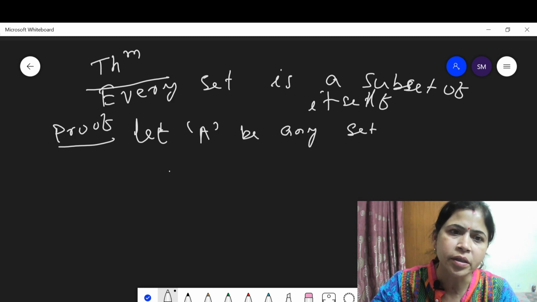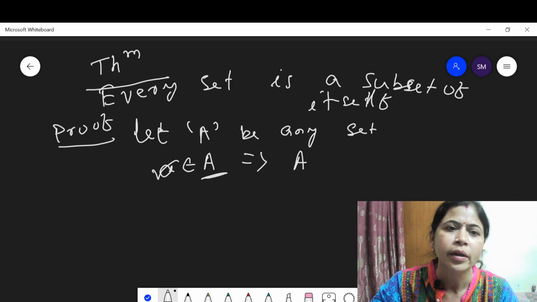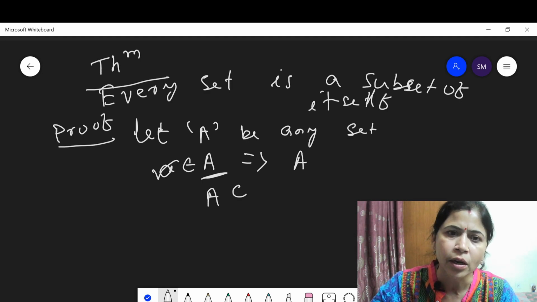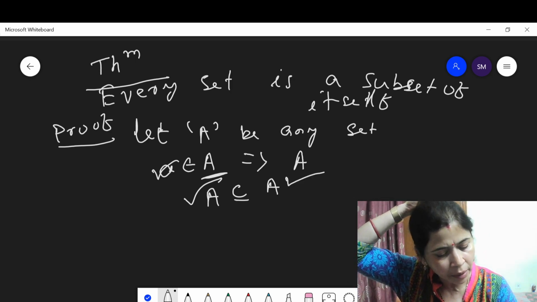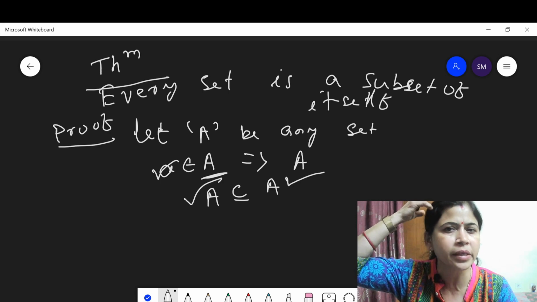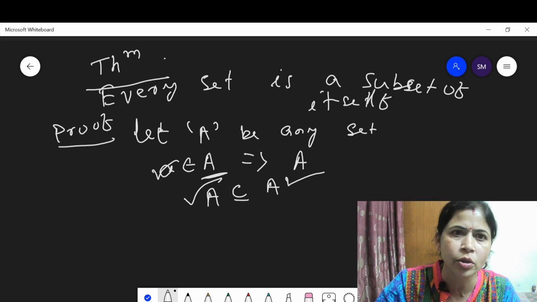Then each element which belongs to A must be an element of A. This means A is a subset of itself. So every set is a subset of itself. This is theorem 1.